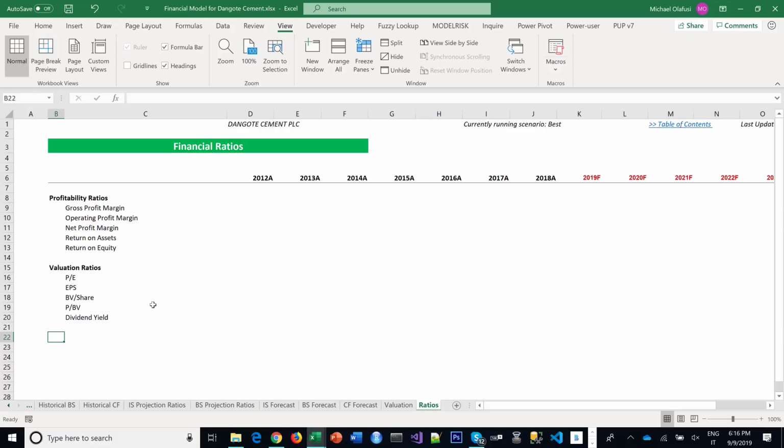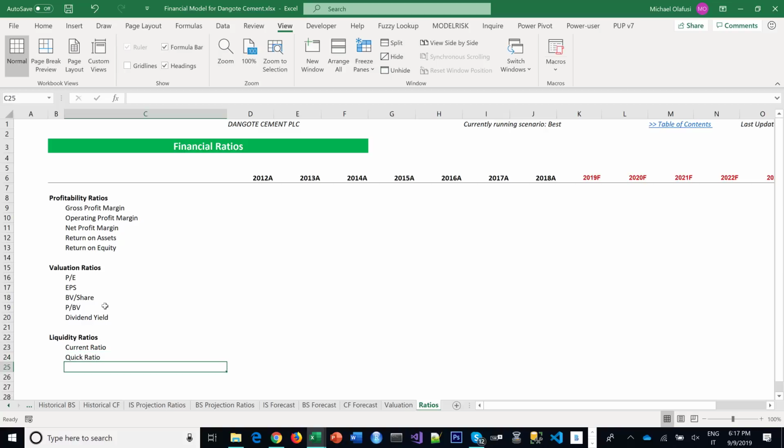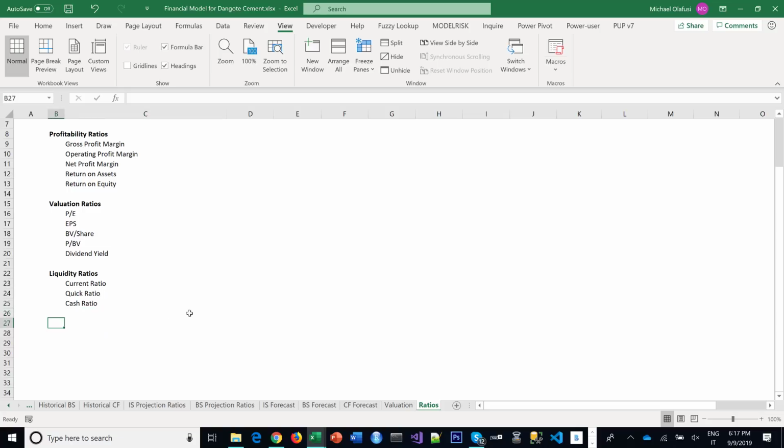There is also the liquidity ratio: current ratio, quick ratio, cash ratio. So these are the very common liquidity ratios.